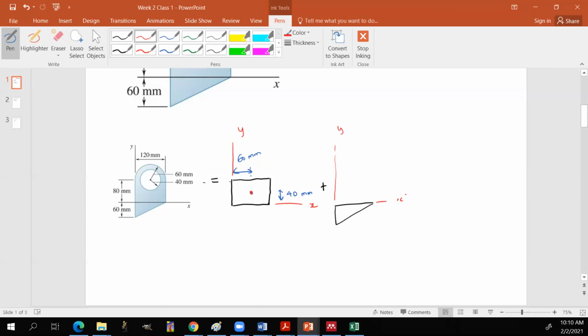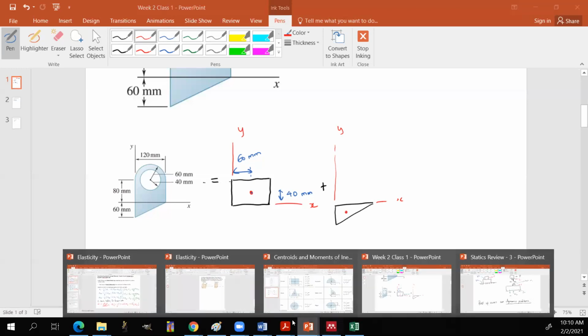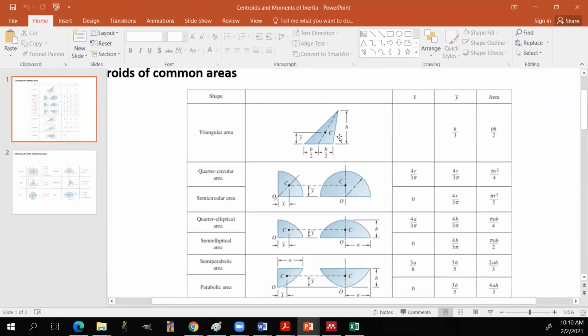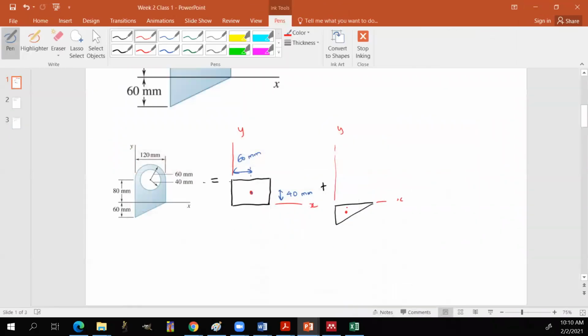So now for the location of the centroid, I go to my regular shapes document and I see that for a triangle, from one of the bases, the height of the centroid is equal to h over 3. So here it's going to be 120 over 3.